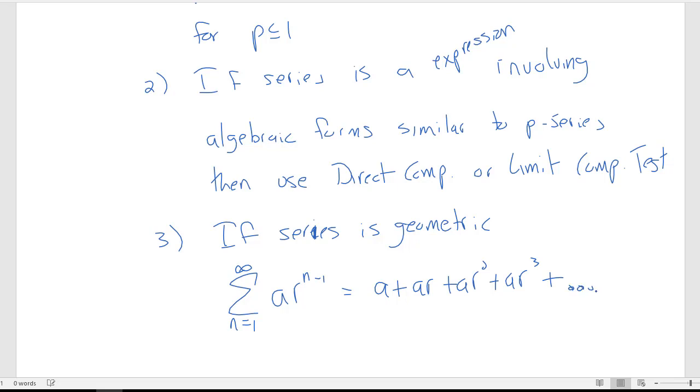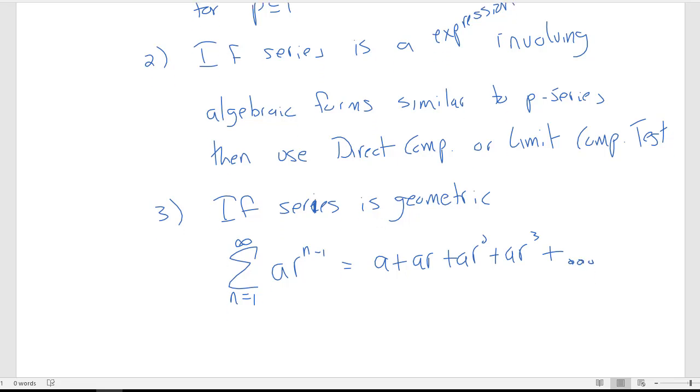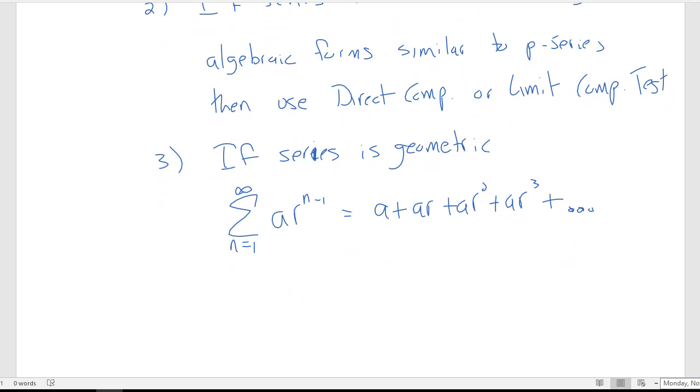As long as the series has that exact form, then it is geometric. So if the series is geometric, and the absolute value of the common ratio is less than 1, the series converges. Otherwise, if the absolute value of r is greater than 1, the series diverges.